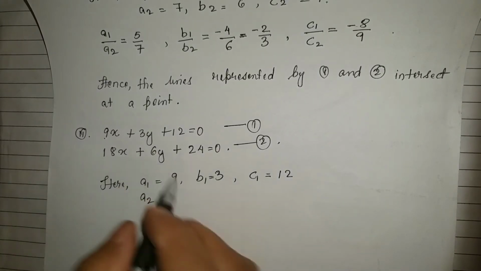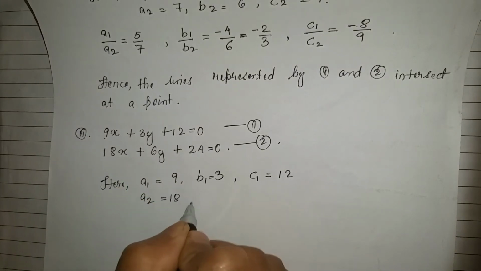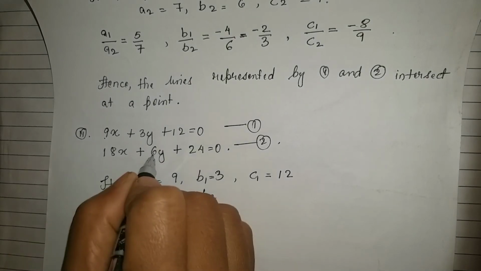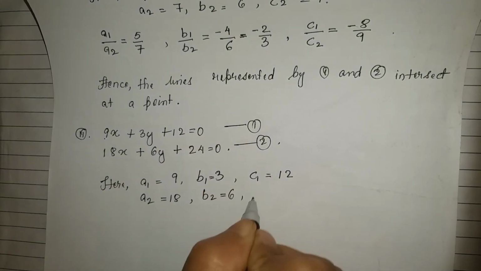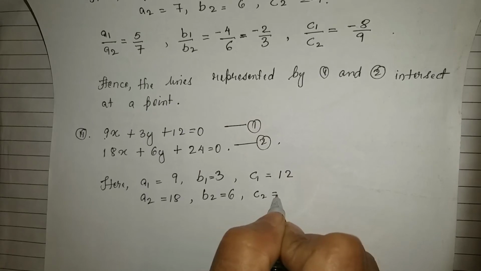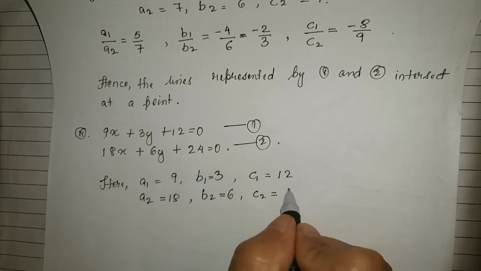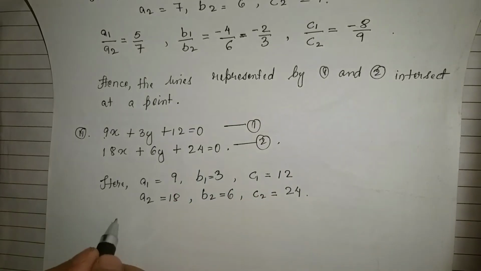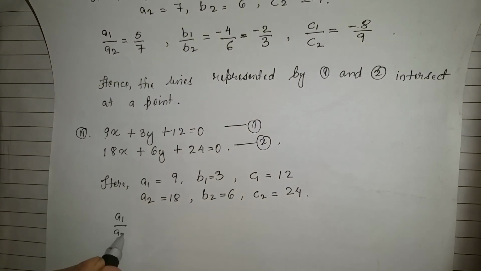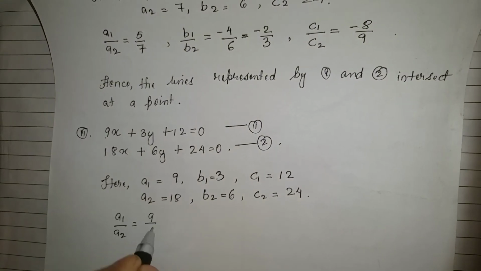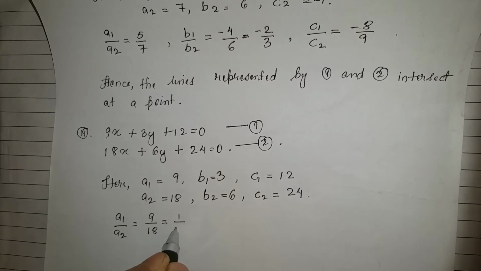Then our a2 is 18, our b2 is 6, and our c2 is 24. We'll find out the ratios. a1 by a2 is 9 by 18, which gives us 1 by 2.